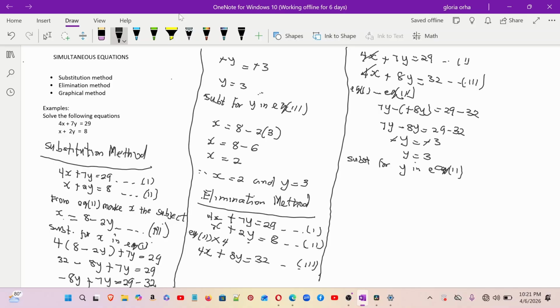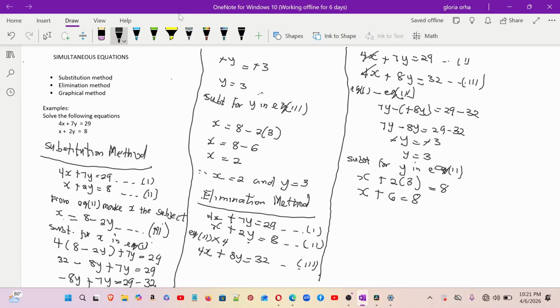Equation 2 is x plus 2y equal to 8, and y is 3. So x plus 2 times 3, which is 6, equal to 8. So x equal to 8 minus 6. 8 minus 6 is what? 2. Therefore, x is equal to 2 and y equal to 3.